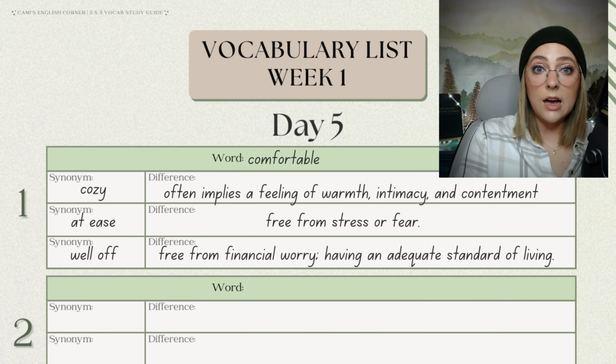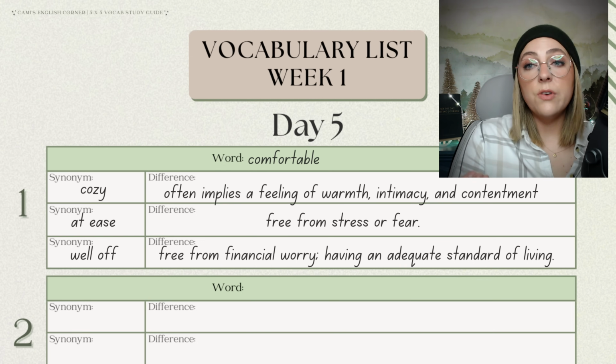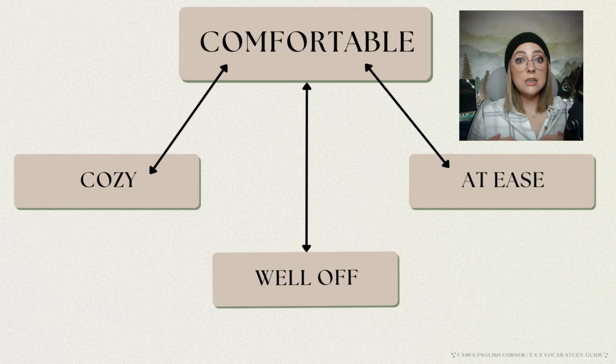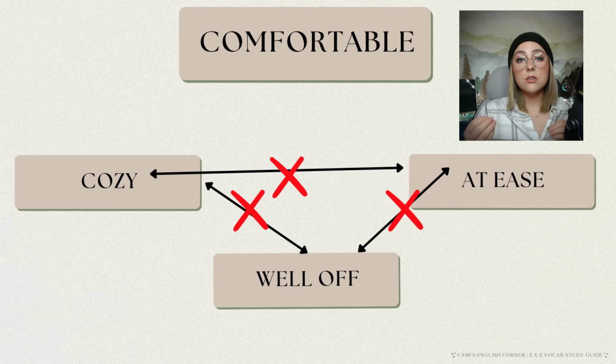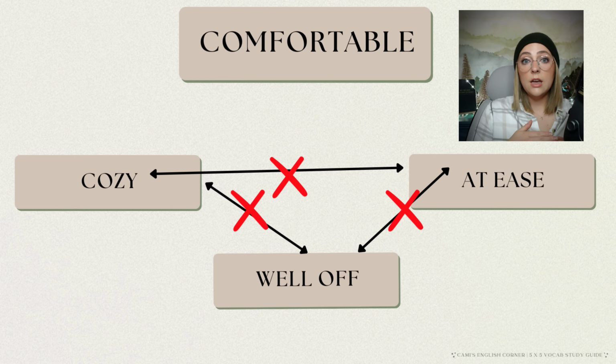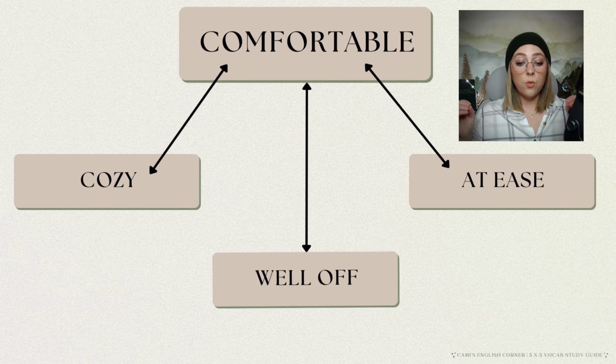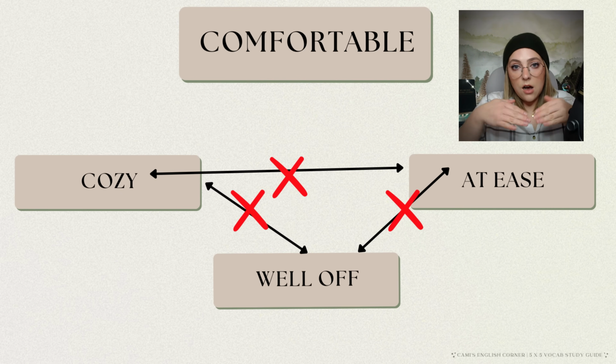Well off has more to do with finances or your standard of living. So you could use these words interchangeably in a conversation, but they do have their subtle differences. Like you cannot use well off and cozy interchangeably. Even though well off and cozy are related to comfortable, they're not related to each other.